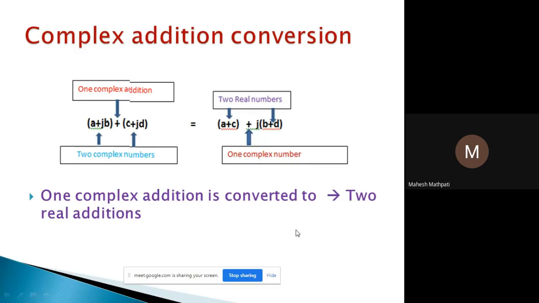Therefore, for each value of k, N minus 1 complex additions are converted to, can anybody tell me what will be the answer here?